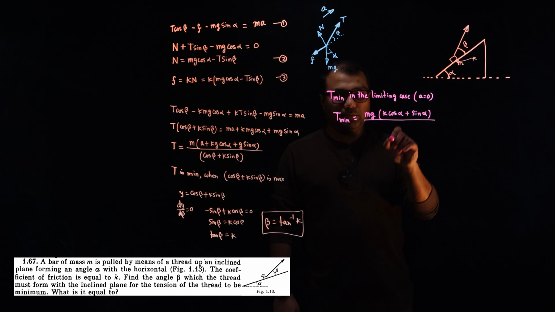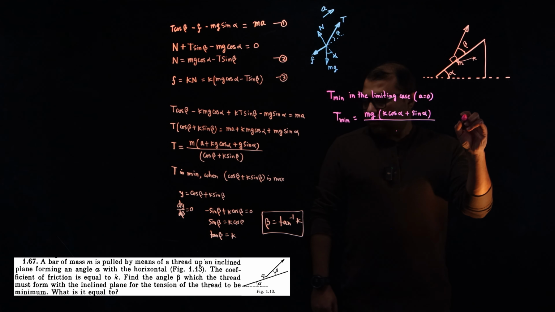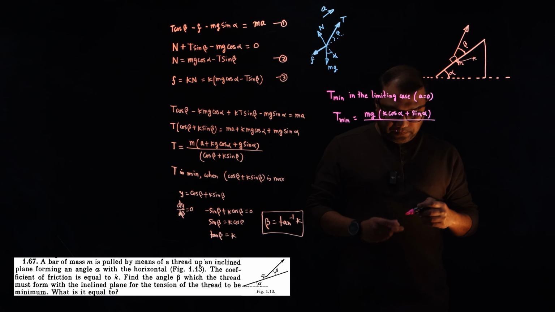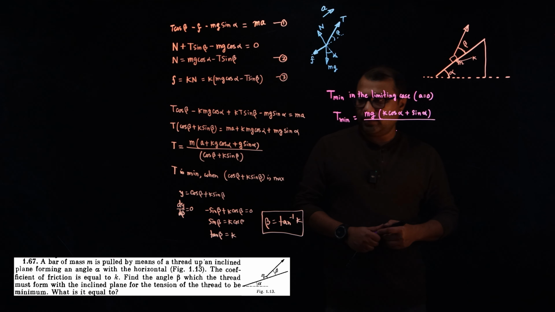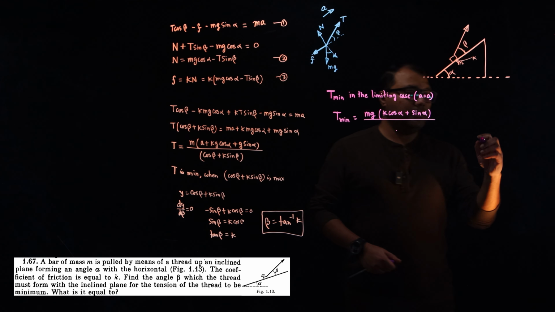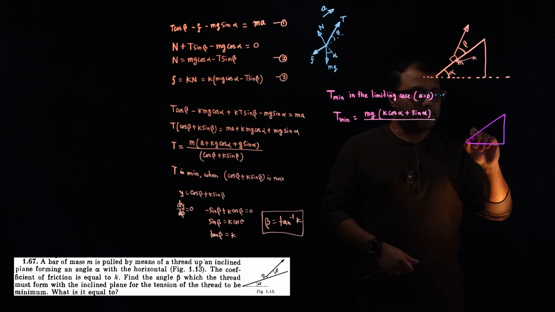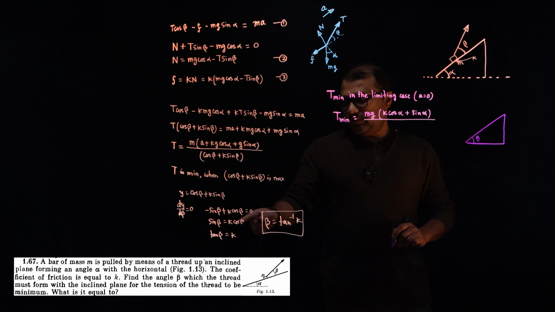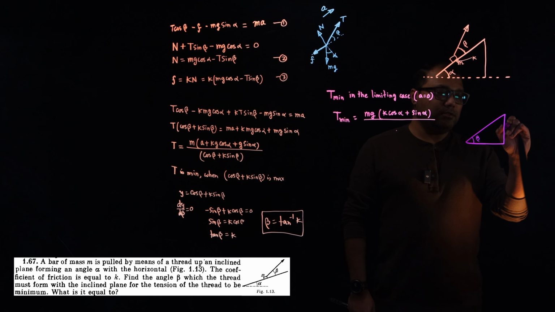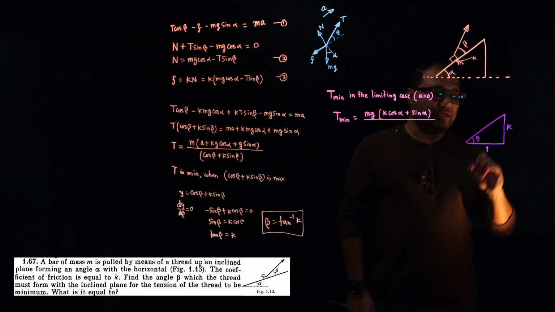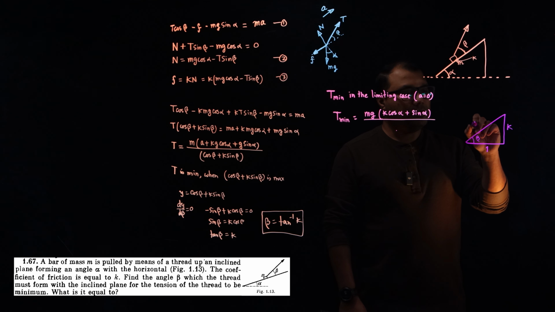I'll just pause for a moment here. If tan beta is k, let's draw a quick triangle. Let's say this angle is beta. So if tan beta is k, it means this side is k, this is 1. So this hypotenuse will be root over k square plus 1.